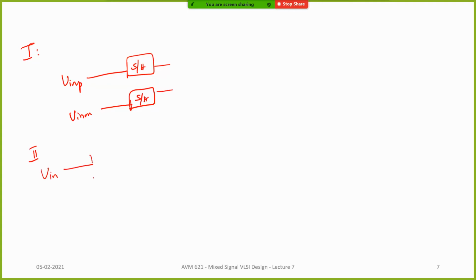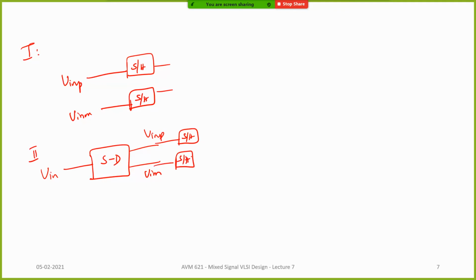Okay, so first option is your input itself is V in P and V in M, right, and then goes to sample and hold, differential sample and hold, and so on. The other option is if you do not have differential signals, then sometimes what they do is you take V in and then you do a single-ended to differential conversion, and then you use V in P and V in M, and then go through your sample and hold like this.